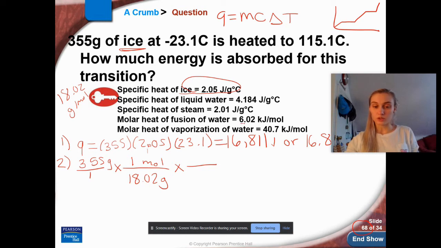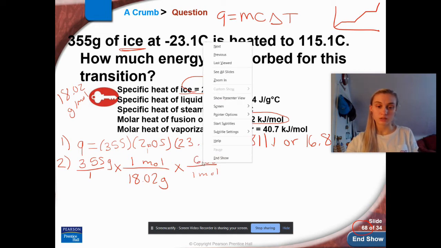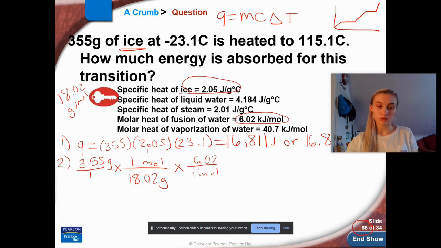Now we can use the molar heat of fusion, because molar heat of fusion, remember, is when you're going from solid ice to liquid water. So I'm going to say for every 1 mole, 6.02 kilojoules is used.